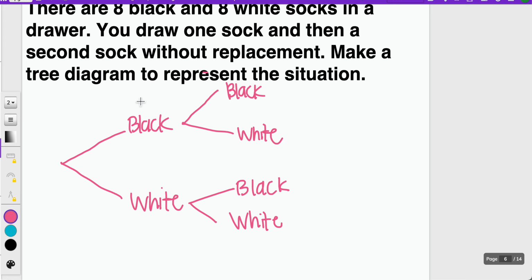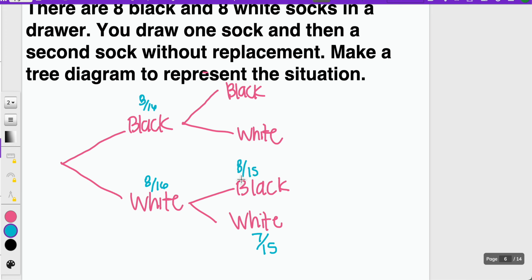So here you're seeing some differences. When you choose to take that black sock first, that is 8 out of 16. And then the white sock could also be an 8 out of 16 probability, okay? But if you chose the white sock, let's keep going here. Let's say we chose another white sock, that'd be 7 out of 15, but a black sock would be 8 out of 15 still.